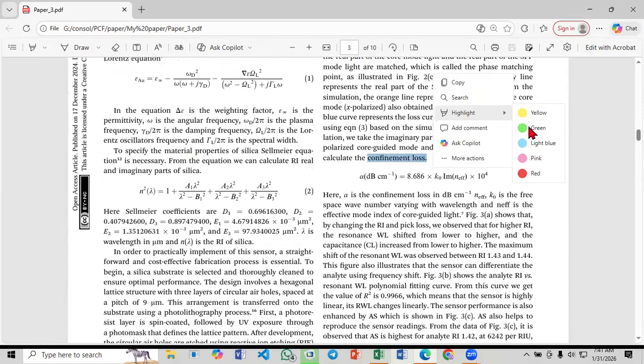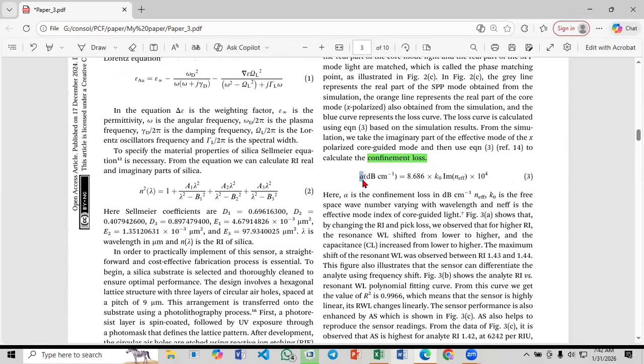The equation of confinement loss: alpha is the confinement loss here. The unit of alpha is decibel per centimeter. It calculates the value of loss in decibel per centimeter length.